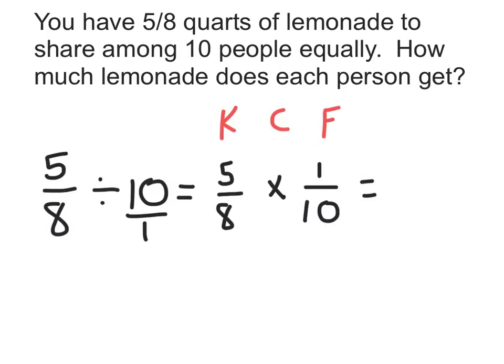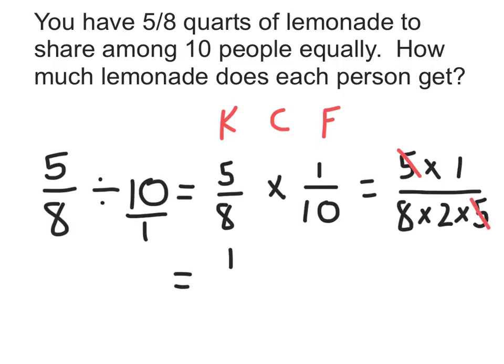So I'll write this as 5 times 1 and 8 times 2 times 5. Boom, boom, those are gone. And what I'm left with on the top is a 1, and on the bottom is a 16, and that's 1/16 of a quart. And that's how you divide fractions.